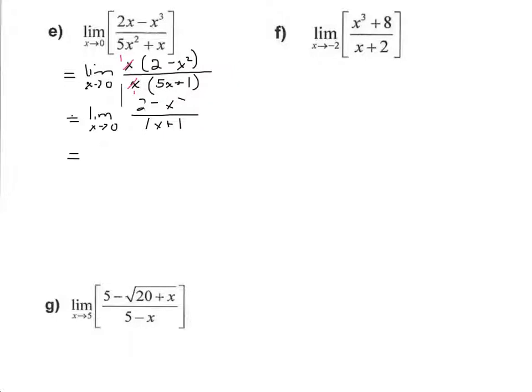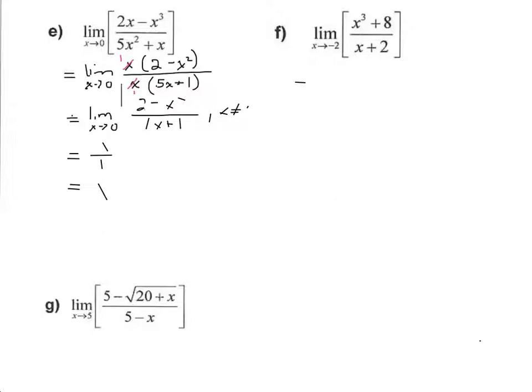And if we substitute in there, of course, x not equaling 0, we'll get 2 over 1, or just the value of 2. So that's a nice one there.